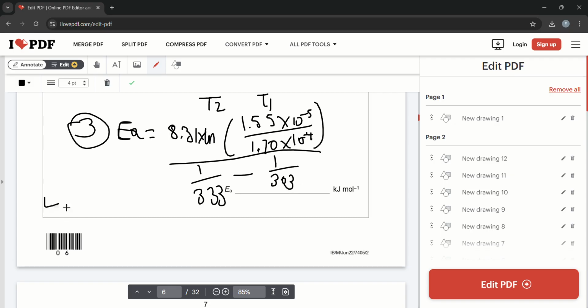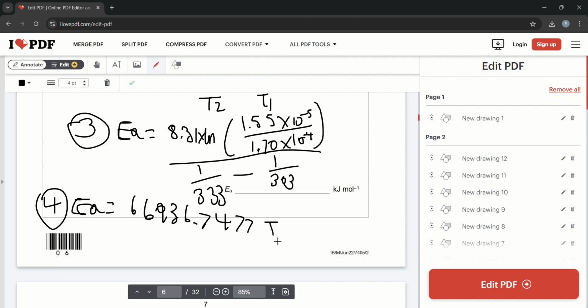Now here's a quick trick. So we get EA is equal to activation energy, 66936 plus 7477. Now here's the trick.